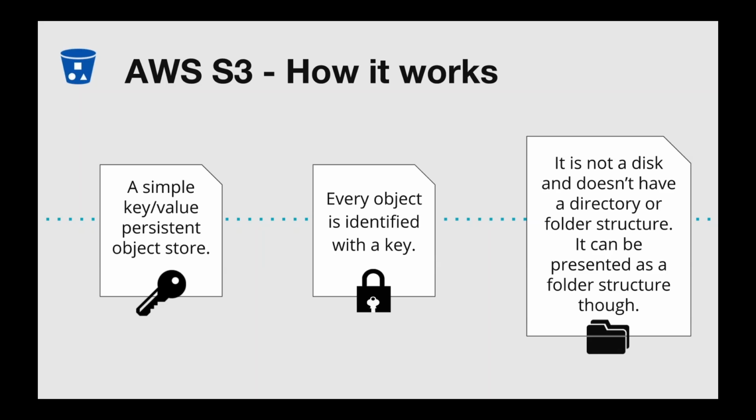And as Stuart said, really it's a key value store, and you don't even have to have a value. You can just check the presence of a key, for example. And Stuart's going to talk a little bit about why this is important and other things you can do with S3. But when you look at S3, we encourage you to look at it not just as a place to store files, but remember this key value persistent object store, and then you can start to really understand the true power of S3.